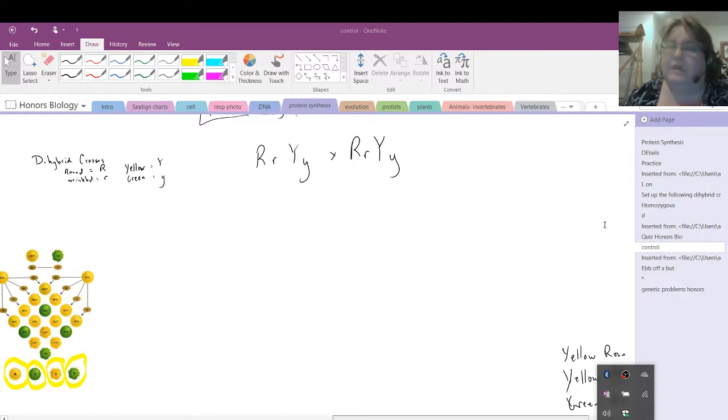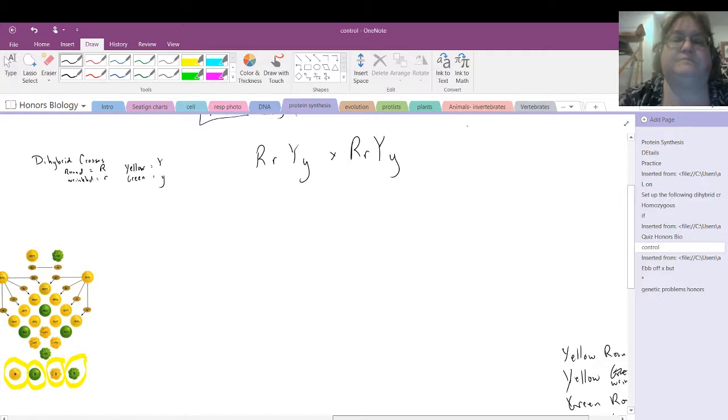And one of the big assumptions we make, and it is an assumption, and we haven't talked about linked genes yet, but we are assuming for now that these two genes are on different chromosomes. And if they are on different chromosomes, they sort independently. Now, I mentioned this in the previous video.